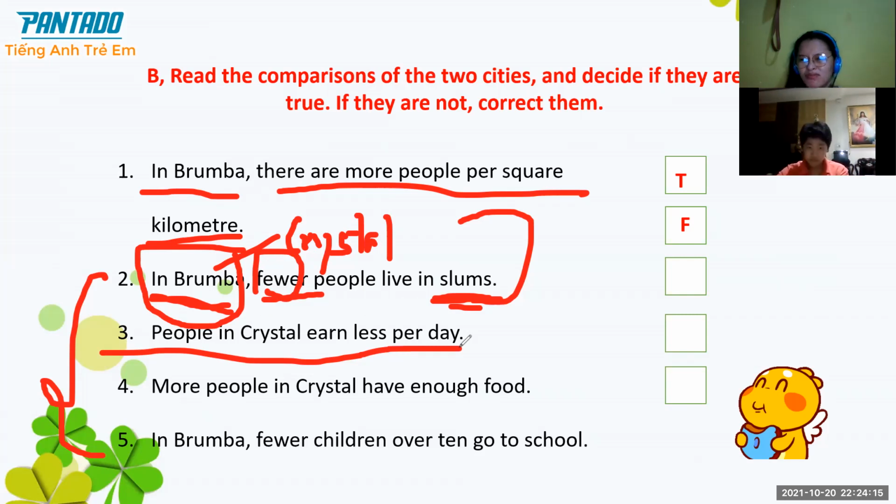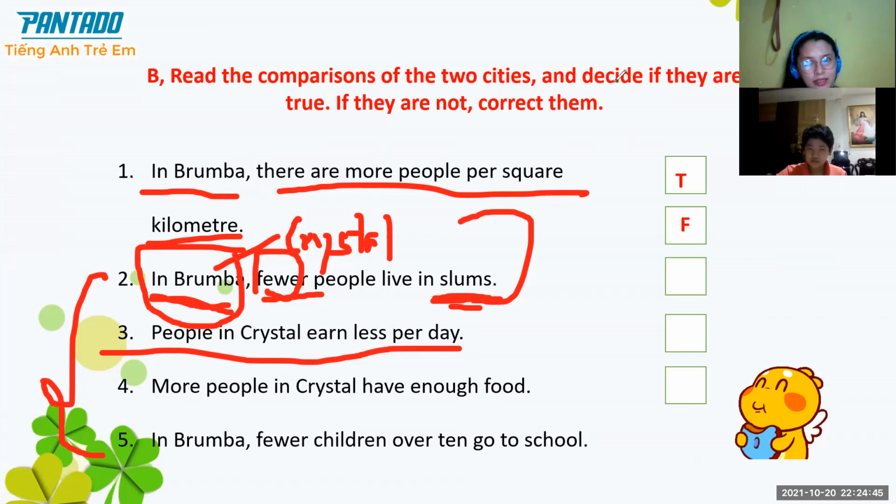It says people in Crystal earn less per day.